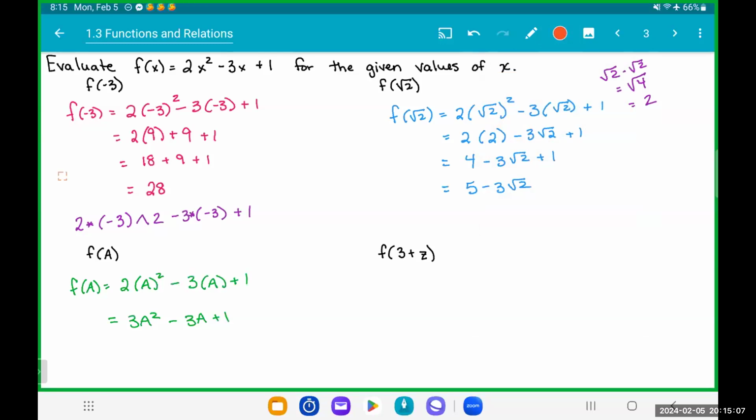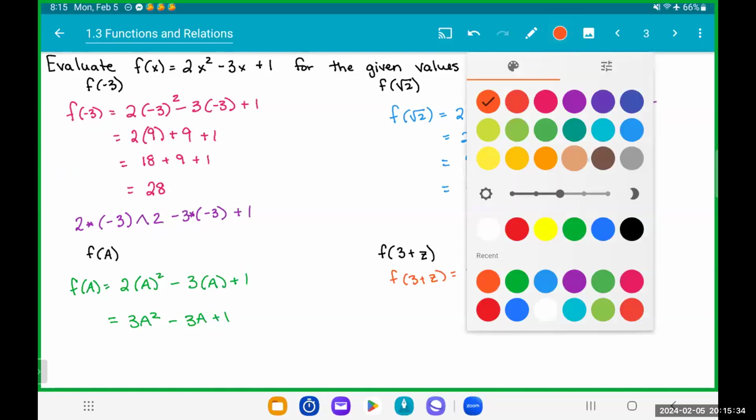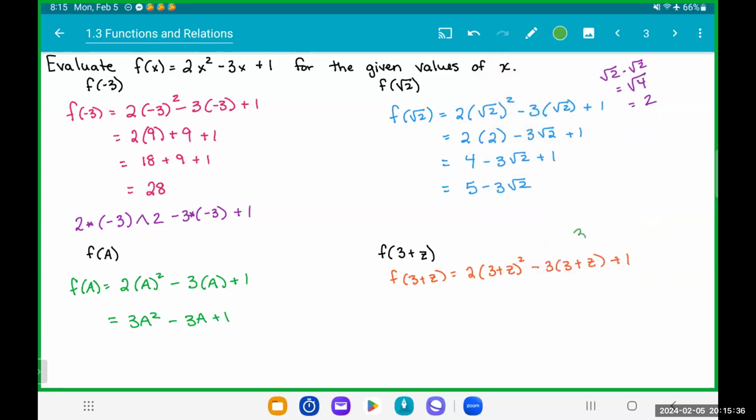The last one is f of 3 plus z. So f of 3 plus z gives me 2 times (3 plus z) squared minus 3 times (3 plus z) plus 1. Okay, so we have to simplify this. We have (3 plus z) squared, which is (3 plus z) times (3 plus z).